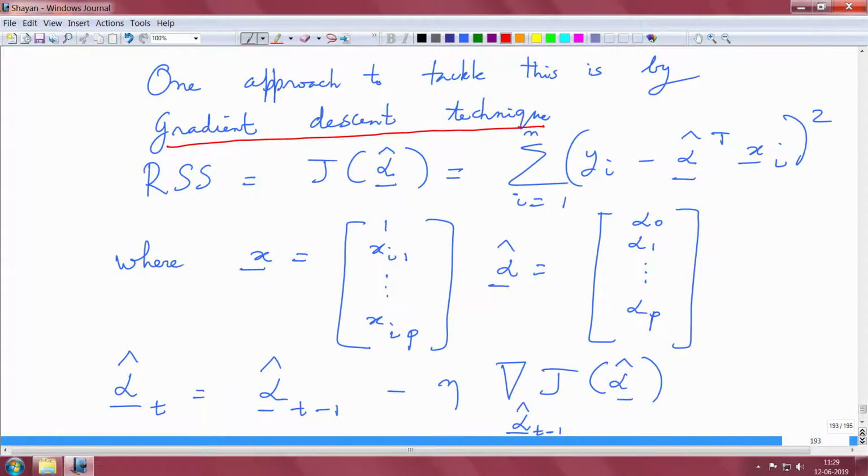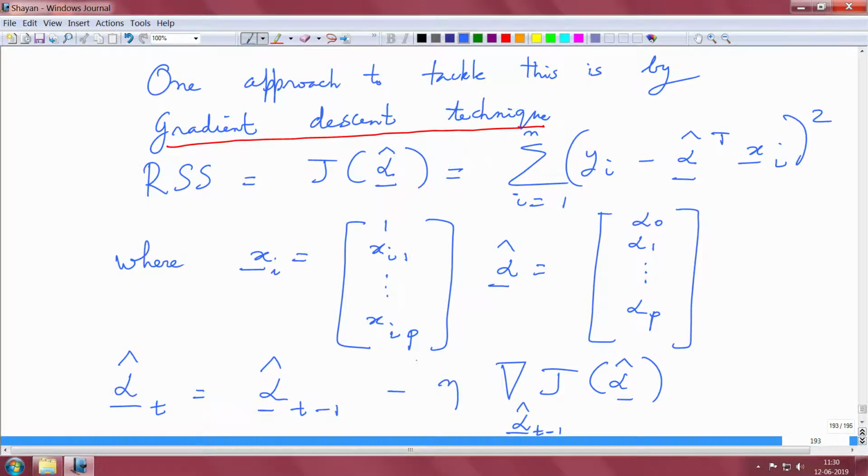The residual square sum is a function of this alpha hat, where alpha hat is a vector that comprises all the parameters alpha naught through alpha p. So I stack them as a column vector and formulate alpha hat. Similarly, I formulate a vector x, with an index i, which is going to be 1, xi1, dot dot, till xip.